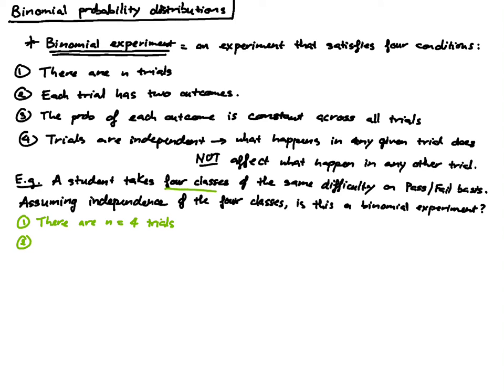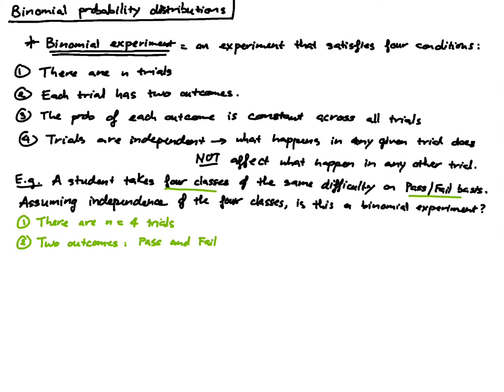The answer is yes, because here the four classes are taken on a pass-fail basis. So the student either passes the class or he or she fails the class. There's no letter grade A, B, C, D, or F. So we have two outcomes, which are pass and fail.